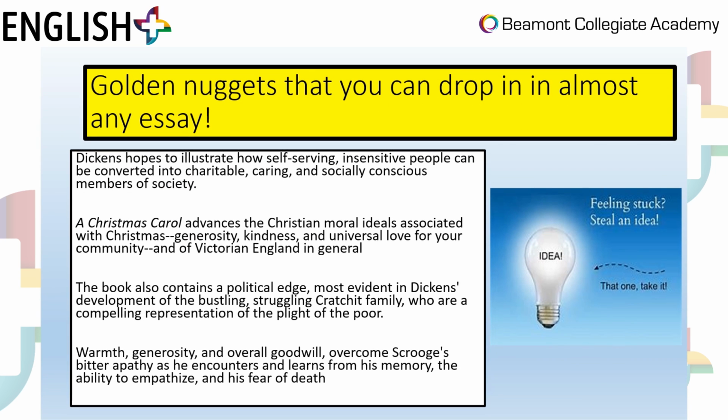These are a couple of what I've called golden nuggets, because you can drop them in almost any essay. And that's why I've chosen to start with poverty, because if you can think of things that you can apply to lots of different contexts, including quotations and central ideas, it will really help you with your revision.